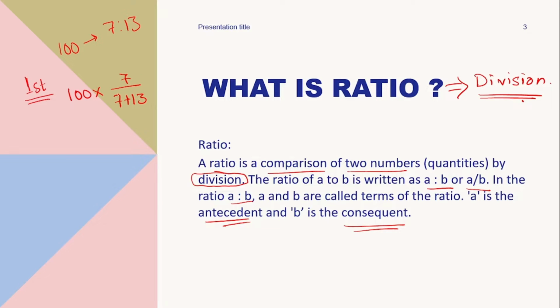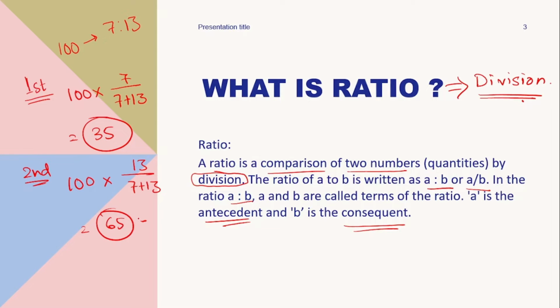It will be 5 into 7, equals 35. And the second part will be 100 into 13 by 7 plus 13, that is 13 into 5, which is 65. This is the second part of the ratio.